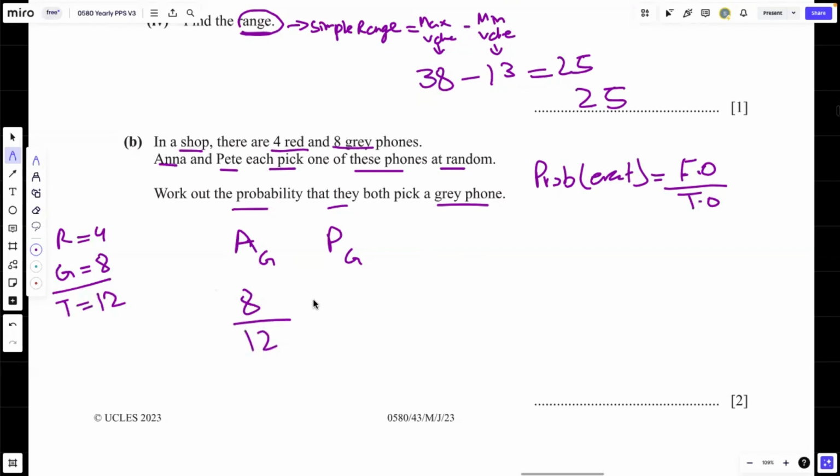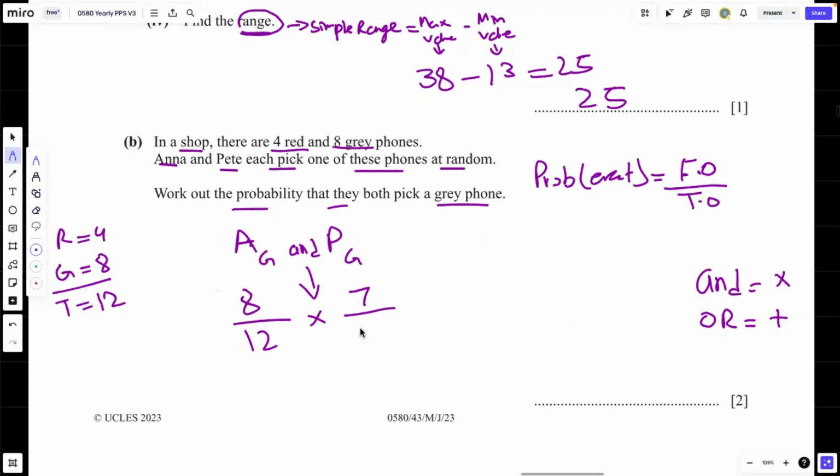That's 8 over 12, times, because there's an 'and' in between: there's Anna and then Pete. In probability, 'and' means to multiply and 'or' means to add up.